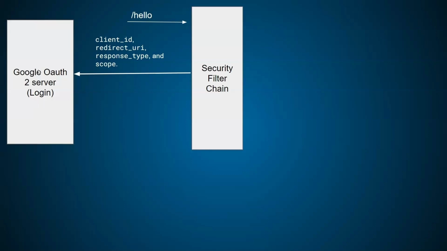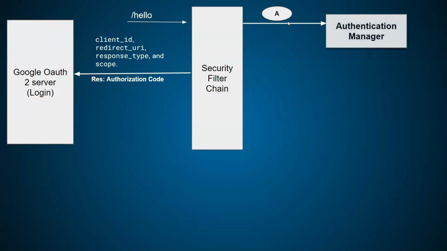Once the user gives the consent and logs in with the username and password, the OAuth2 server will send a response, and in the response it will send an authorization code to our application. Now that authorization code will get received by the security filter chain. The security filter chain will create one authentication object.